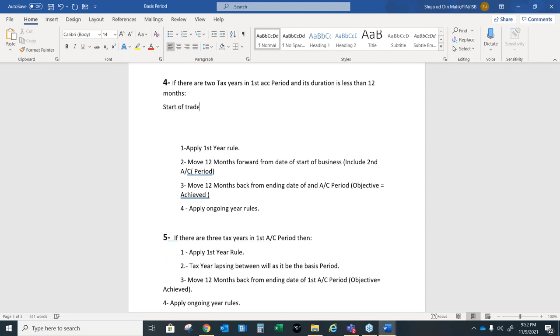Start of trade on 1st Jan 2015 till 30th September 2015, and the profits were 18,000.